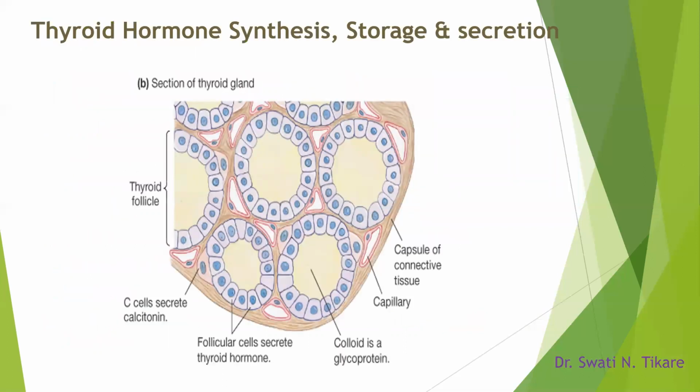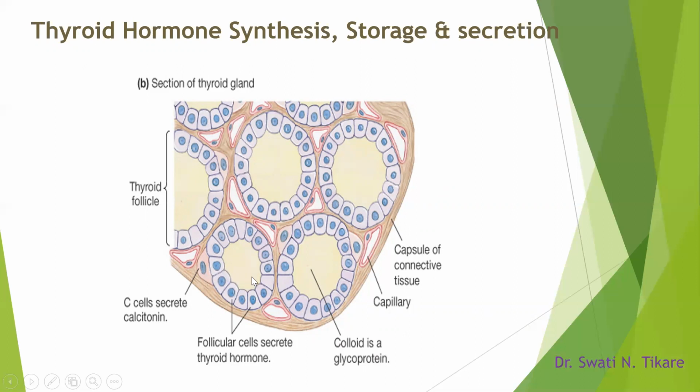So we will start with the important topic, thyroid hormone synthesis, storage, and secretion, and how it is happening. As I told you earlier, thyroid hormone synthesis happens within these thyroid follicles. So in the thyroid follicles, we have the follicular cells, then the colloid inside. At the periphery, the blood vessels will be running.